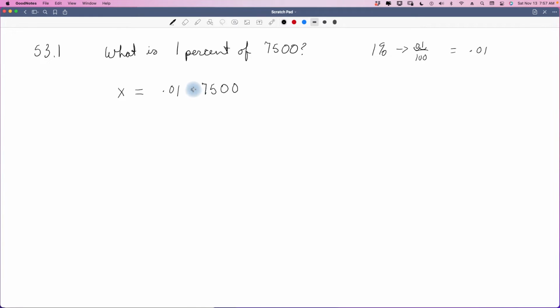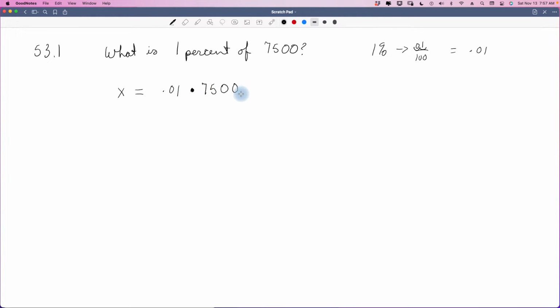Now the reason we use the dot here instead of an X is because once we start using the variable X, we don't want to get these two confused. So in math, when we start using variables, we switch to using this dot to mean multiplication, or we use parentheses. It just makes it a little more clear and less likely to confuse those two things.